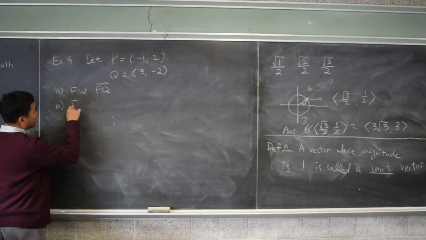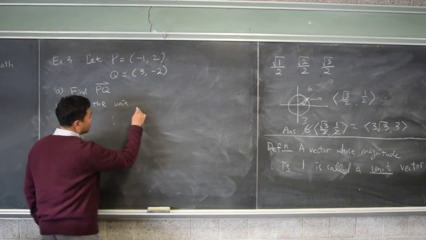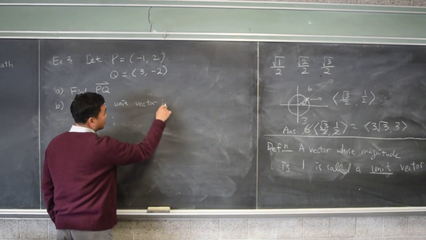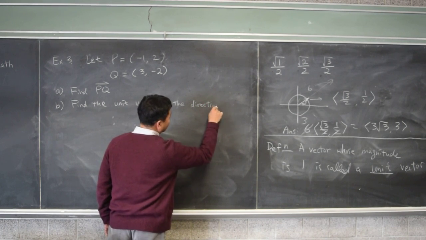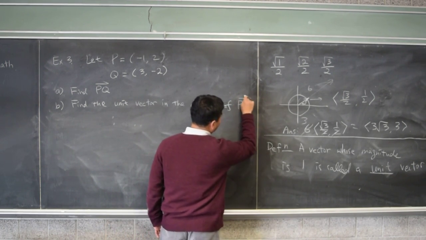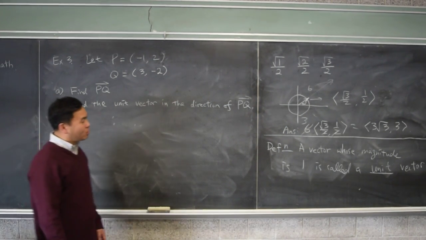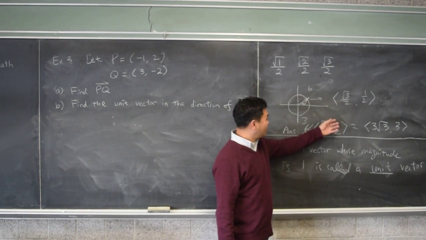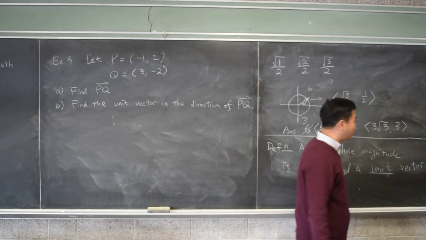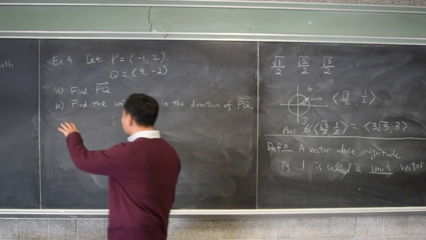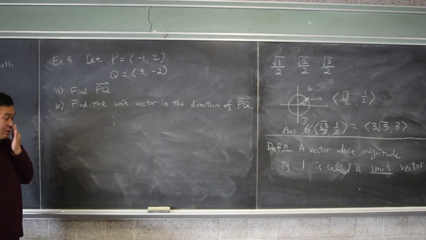B, find the unit vector in the direction of PQ. So we're kind of trying to do the opposite of the first example that we did. In the first example, we first found the unit vector and multiplied by something to get the vector that we wanted. Here we find the vector that we want first, and then we have to resize it to make the magnitude 1. So that's our goal.